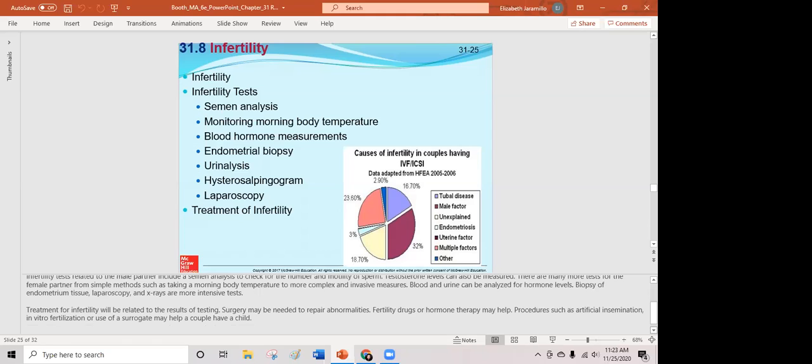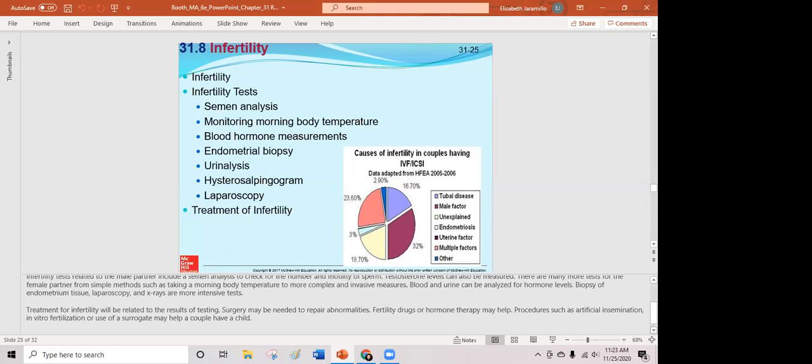Treatment for infertility will be related to the results of the testing. In other words, we'd have to figure out what exactly the root cause of your infertility is before we could give you suggestions on where to go from there, right? But normally we have some suggestions such as surgery. Maybe we can repair an abnormality.